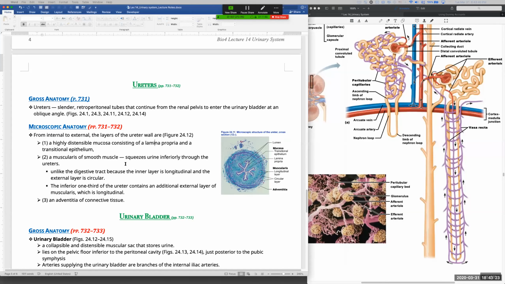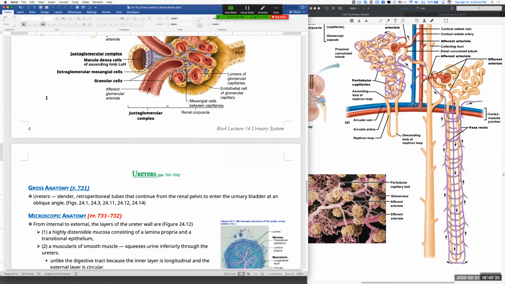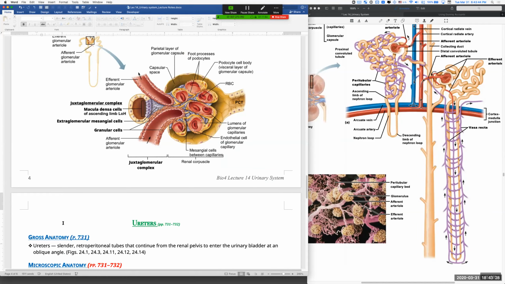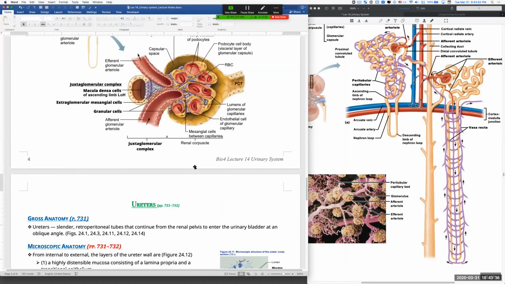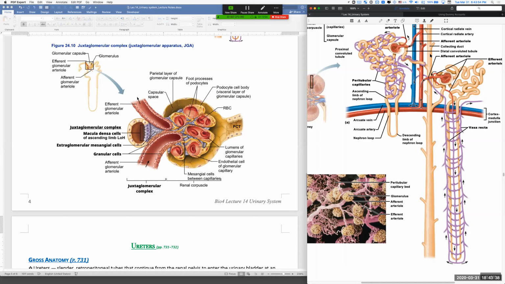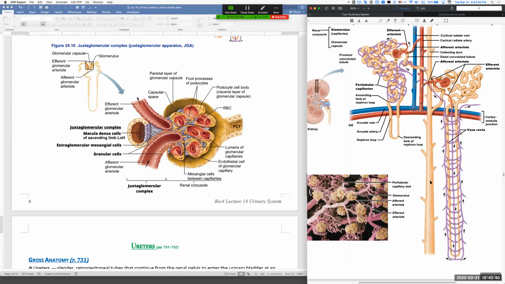So if you got through what we just talked about in the lecture, this part will seem a lot easier. After the kidneys, the urine is going to drain down the collecting duct, correct?